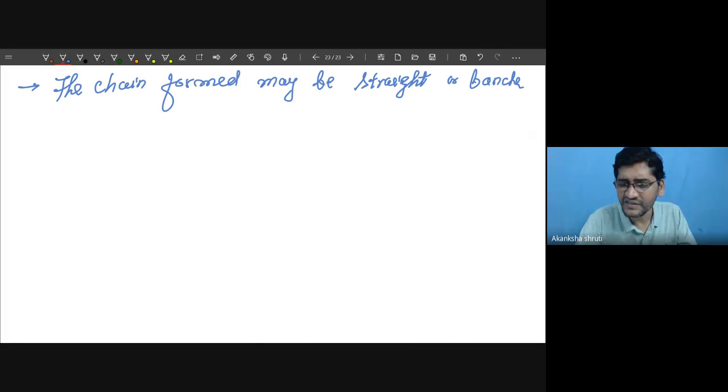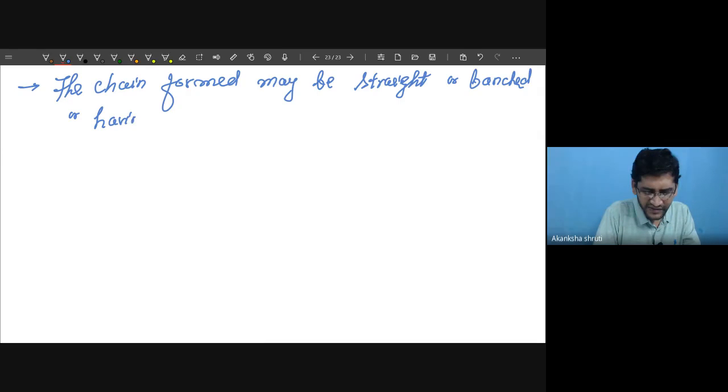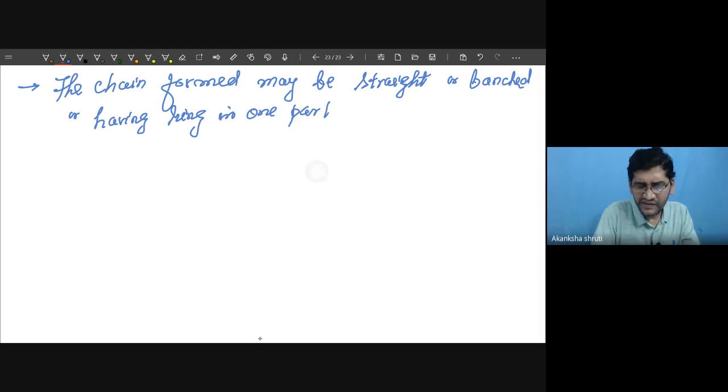How is this? This thing we will understand. Or having a ring in one part. And they may contain single bond, double bond, or triple bond.